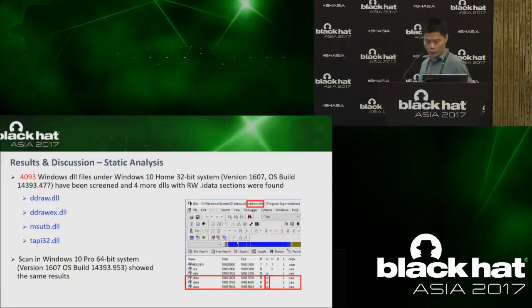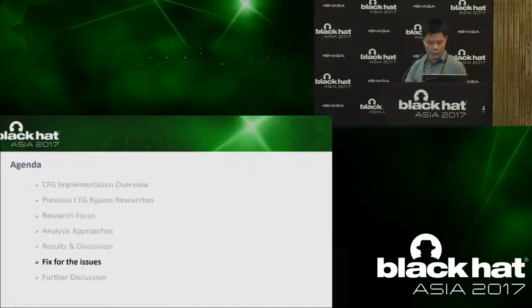That means all the CFG check function pointers can be modified on these four libraries. We then scanned a Windows 10 64-bit system and found the same result. We reported all these findings to Microsoft, and those issues have been fixed.